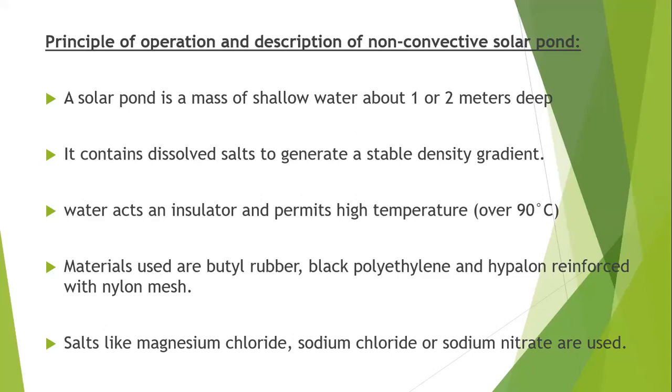The solar pond contains some dissolved salts to generate a stable density gradient. This dissolved salt will be in layers. Some part of the incident solar radiation enters the pond surface and is absorbed throughout the depth, and the remaining penetrates through the pond and goes downwards to the absorbing black bottom plates.